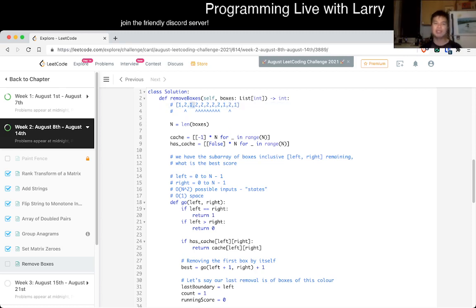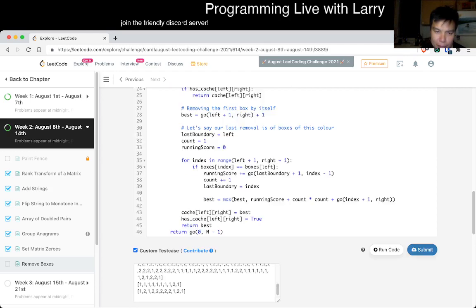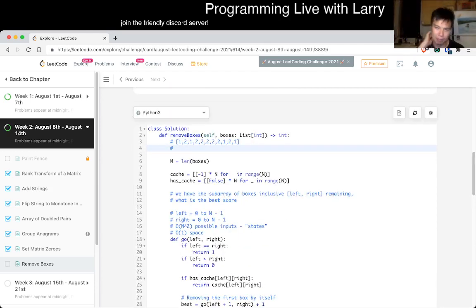Let me think about how to exhaustively do this in a smart way. So how did I just remove this 1 in the middle? Well, the thing is that you would not remove the 1 in the middle. The alternative way of saying that is that you would remove the 2 first. And I do know how to implement this such that we can do it in an exhaustive way, but the coding is going to be messy.